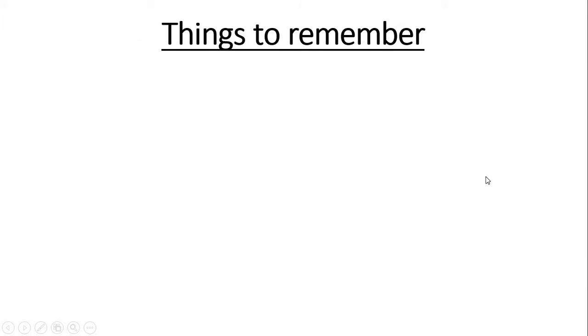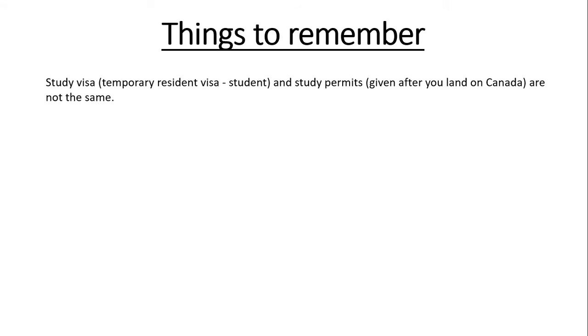Before going to the actual website where we can apply online, I will explain some things to remember. These are the important things which you need to note. Always remember, study visa and study permit are not the same thing.